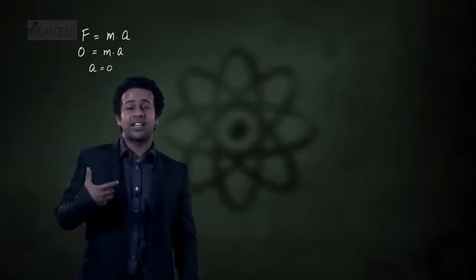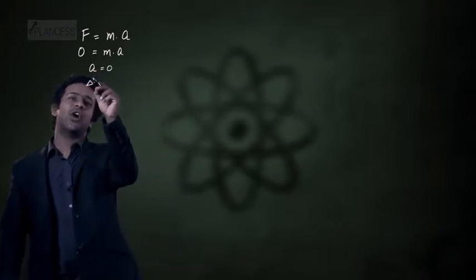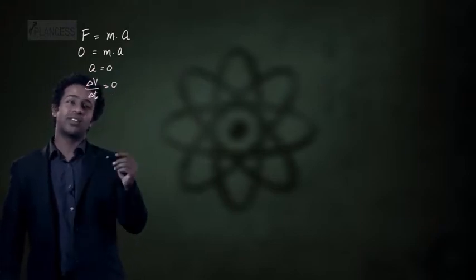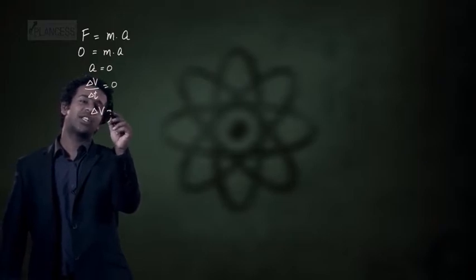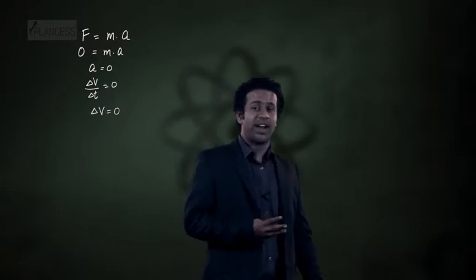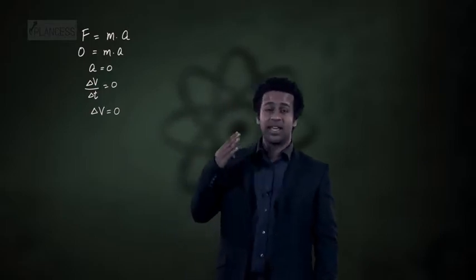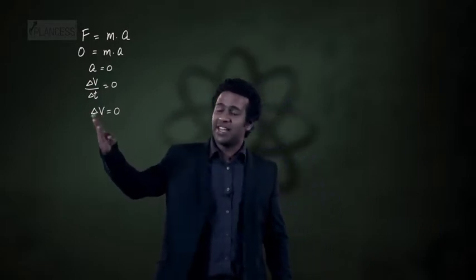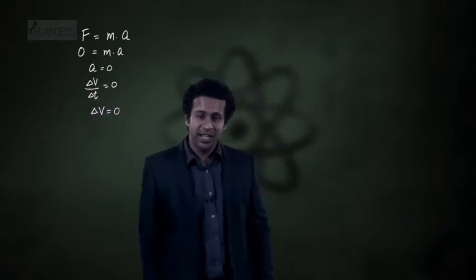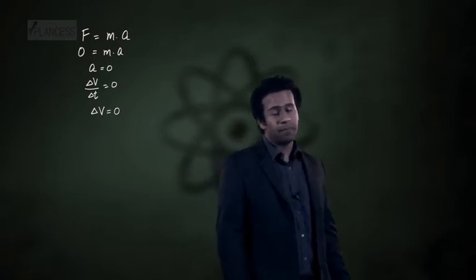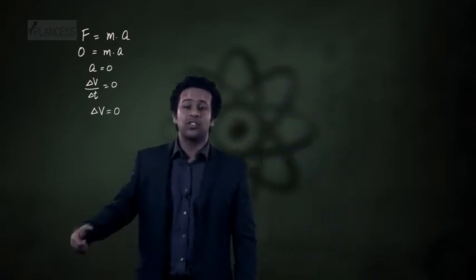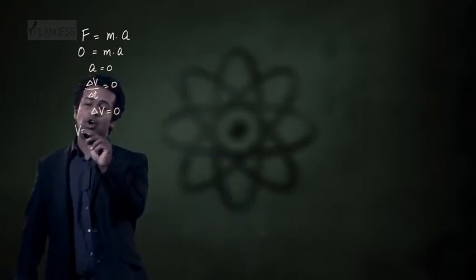Now, acceleration we know is change in velocity by change in time. So if this is 0, this implies that change in velocity is 0. Now, we already know that if velocity is maintained, which is exactly what is implied by change in velocity being 0, the delta here denotes the change, the notation we have been using till now, right? So if the change in velocity is 0, this means that velocity is constant.